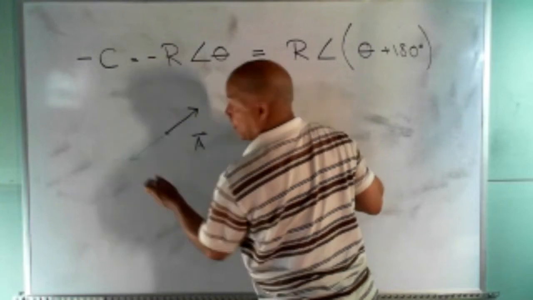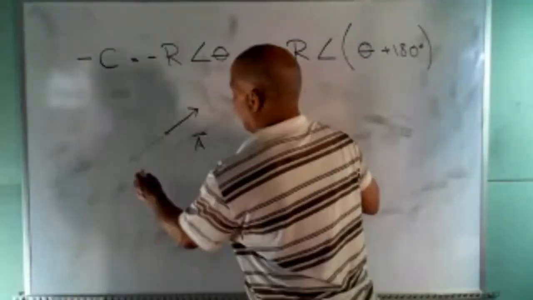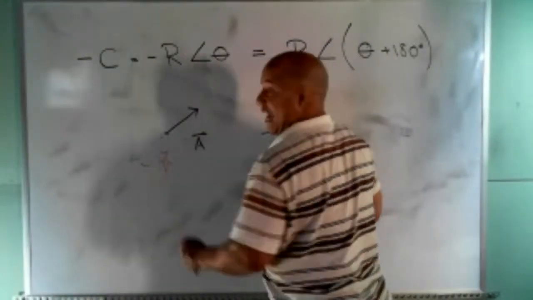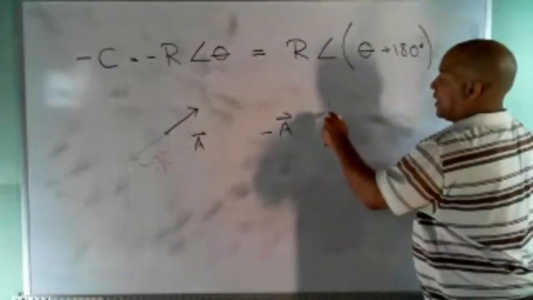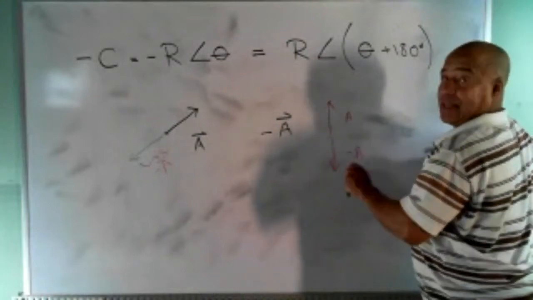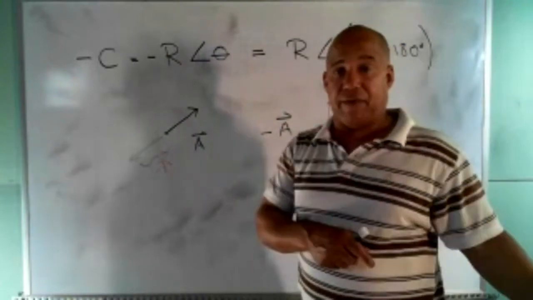So if this right here is vector A, then this is negative A. That's the negative of A. If it was up like this, the negative A would be down like that. The negative of a vector is just 180 degrees away from it.